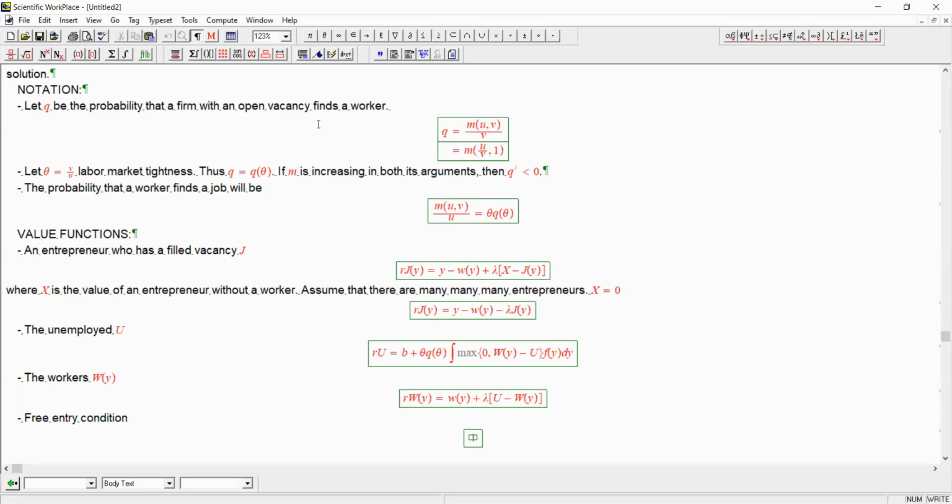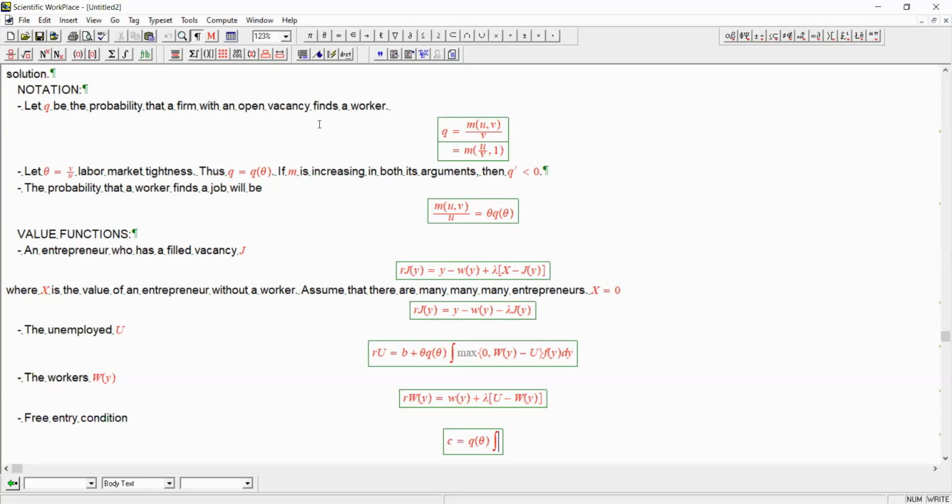So remember, the cost of creating a vacancy or of keeping a vacancy open for a period is c, and that has to equal the expected value of a vacancy. With probability q, that vacancy is filled, and if it is, two things could happen.